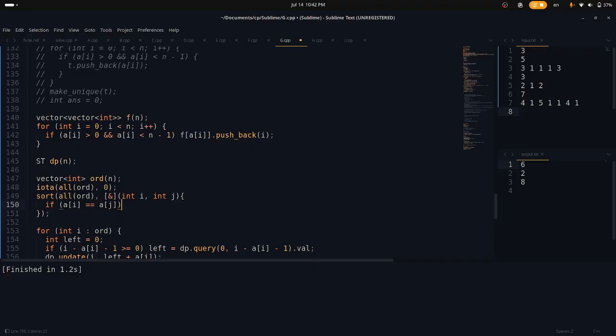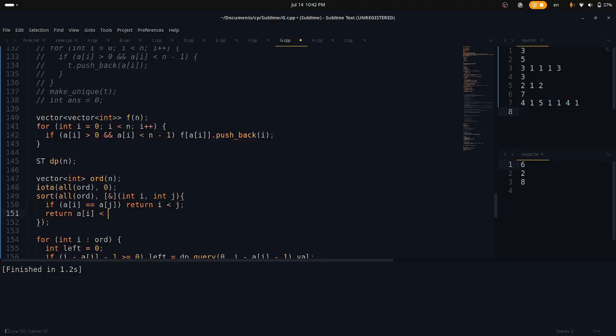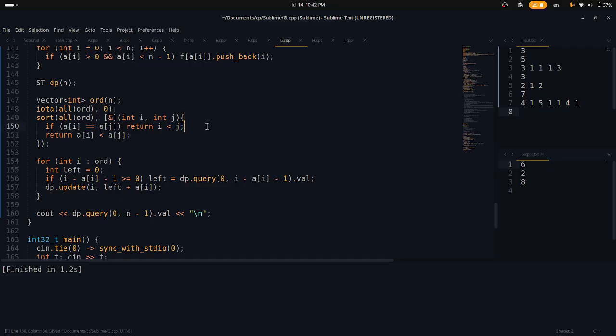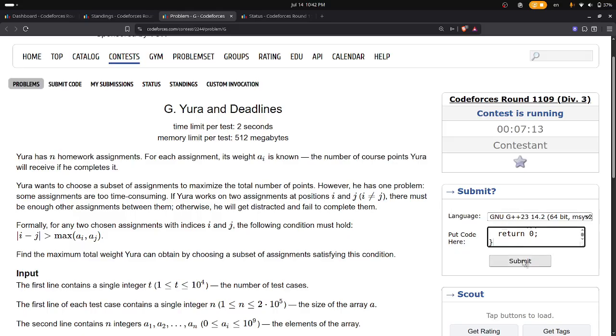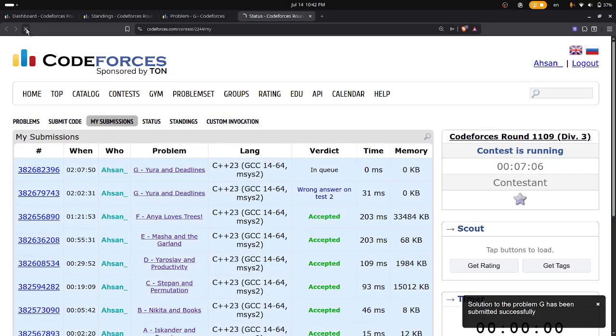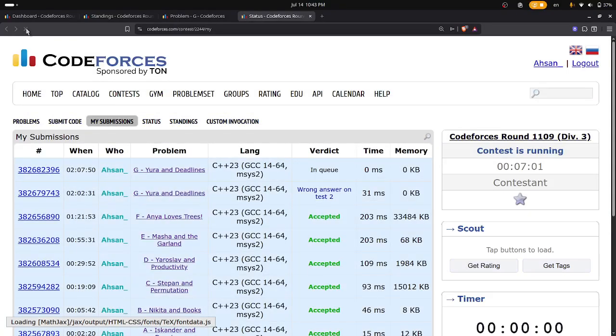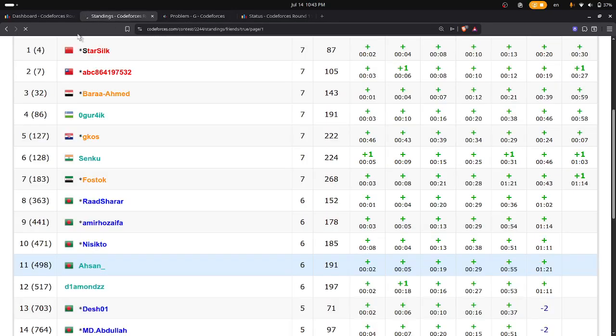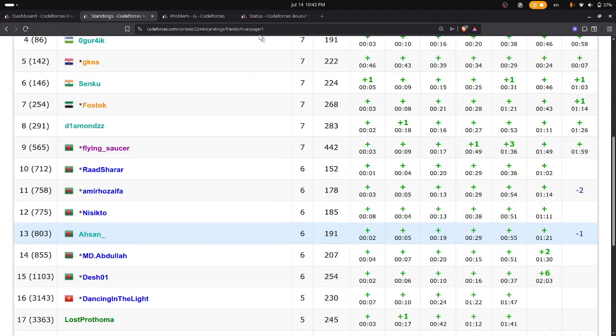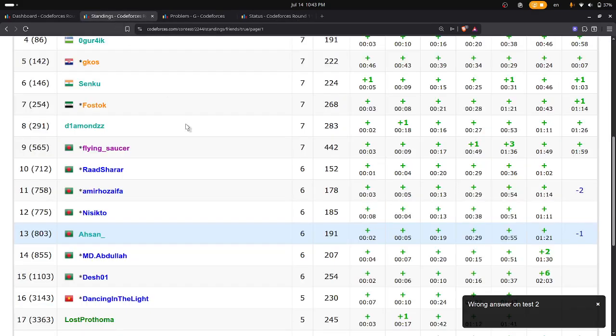If a of I is a of Z, then return, a of I less than a of Z. Again, wrong on test 2.